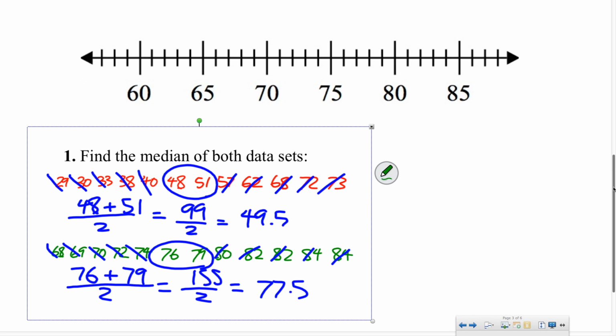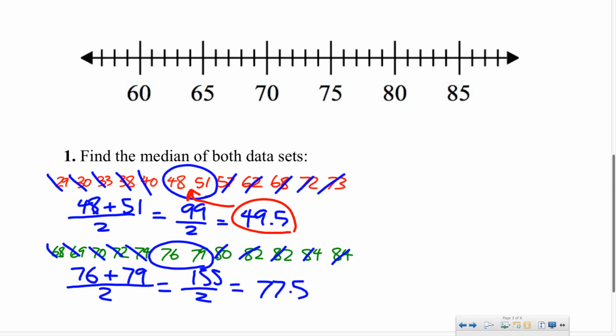This number right here is the median, and it sits right here in between 48 and 51. And then you can also guess that for Miami, this median sits right here, okay? That's the median for Miami. Now, the median has another name. It's the middle quartile, okay?